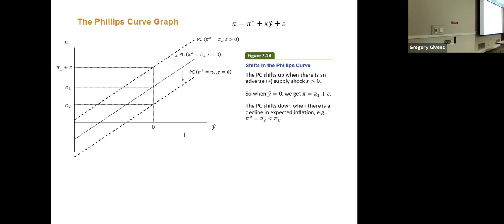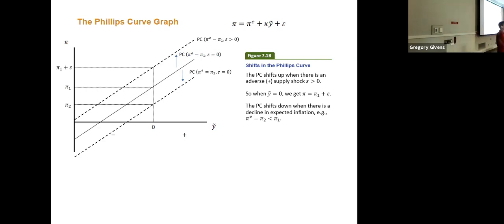If the expected inflation declines to, let's say, pi 2, which is less than pi 1, then actual inflation is pi 2 plus kappa times 0 plus 0, giving us a level of actual inflation equal to pi 2. So the whole Phillips curve would shift down vertically by the size of the drop in expected inflation, right? So be mindful of that.